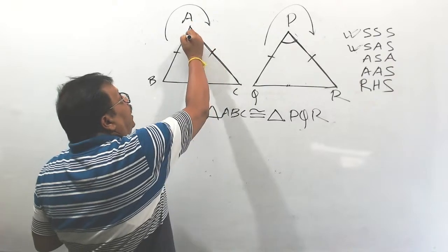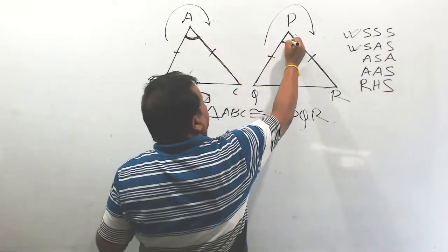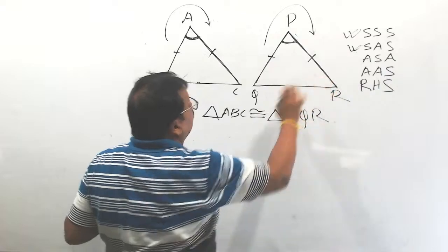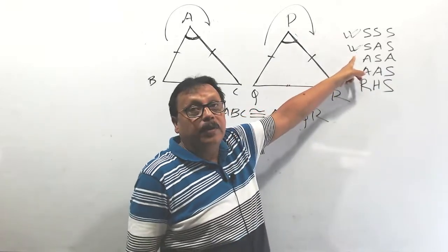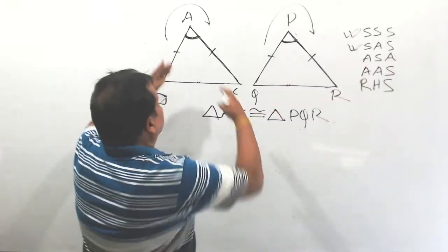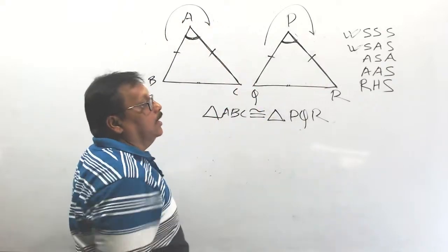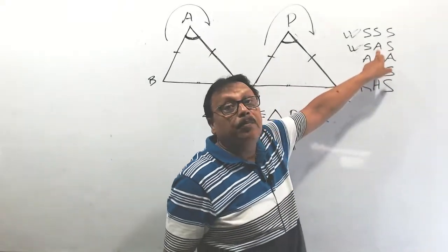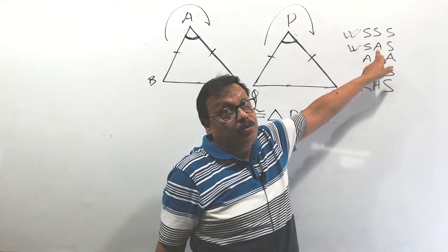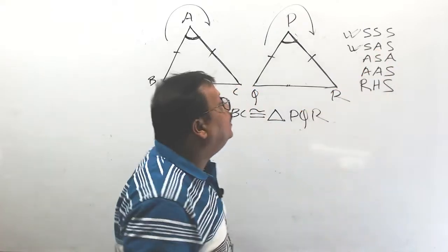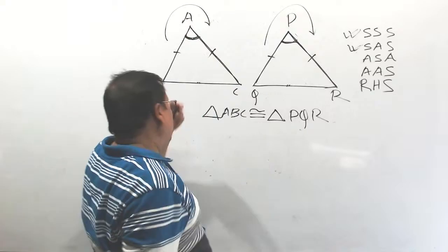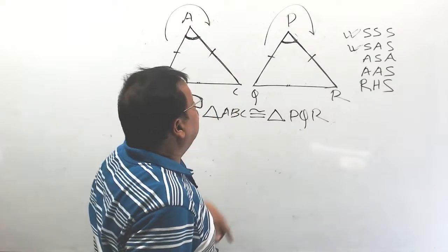Side, side, and the contained angle. That means if you consider this angle or this angle, no, not this property. In this property only, two sides and the contained angle. The angle remains in the middle of the two sides. Understood? You have to follow that. Then you can tell the two triangles are congruent.